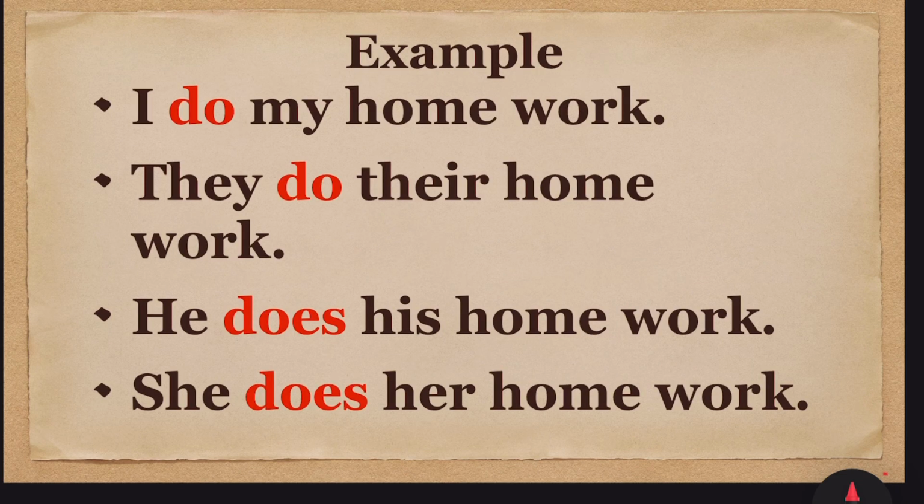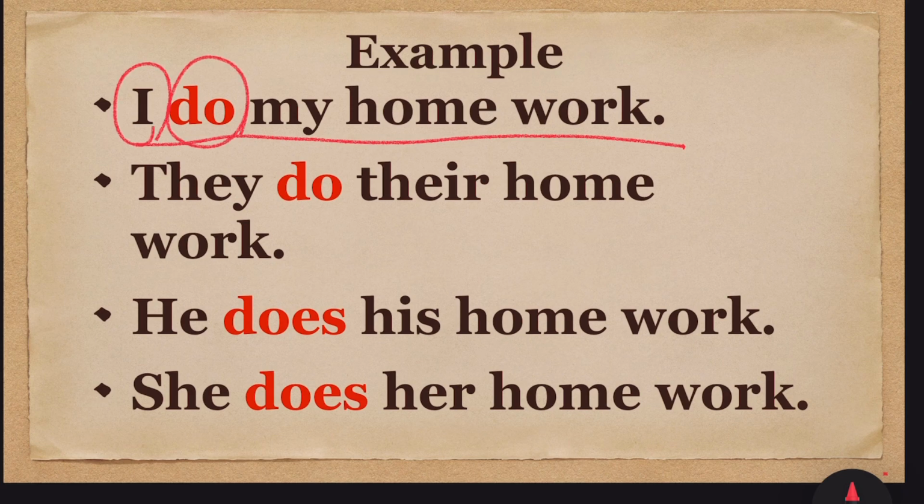Here you can see some examples. I do my homework. Here the subject of the sentence is I. So you have used the verb do. The next sentence, they do their homework. The subject here you have used is they and the verb is do.